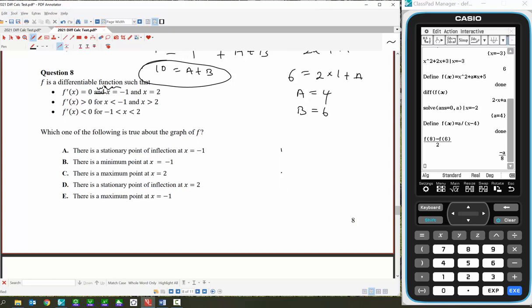So let's just see what that means. f dash x greater than 0, so it's got a positive gradient for values less than -1 and greater than 2. It's got a negative gradient between those values.